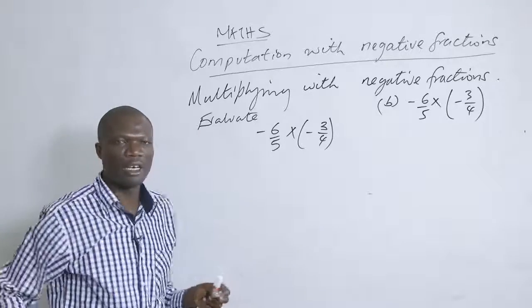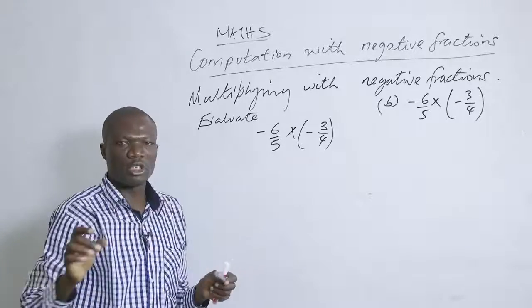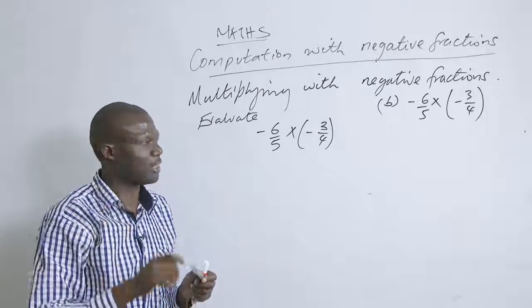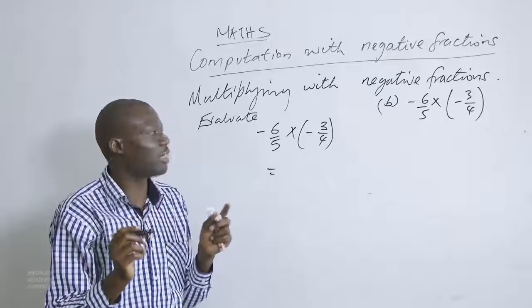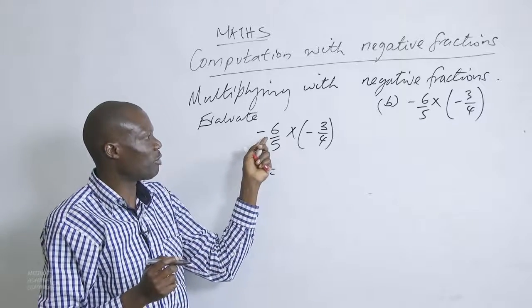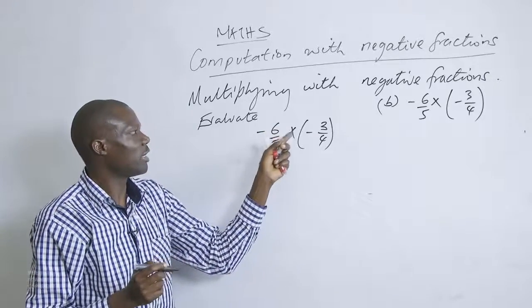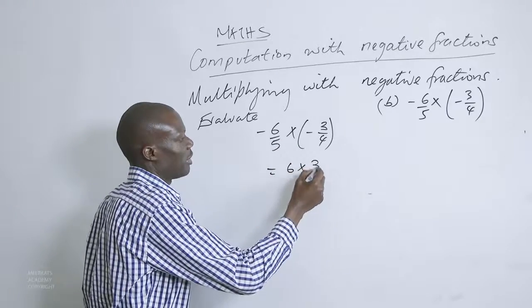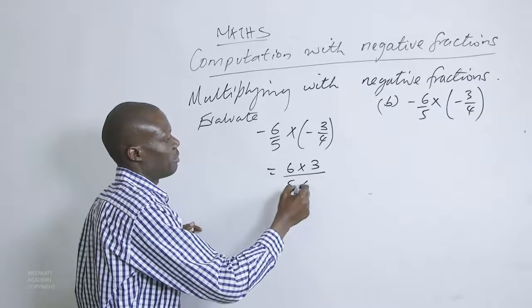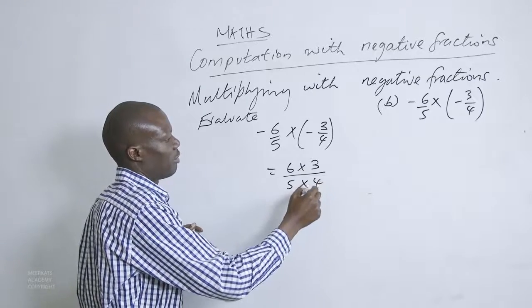In this case, both of the two fractions are negative. So we expect a positive answer, from the result of 6 multiplied by 3 over 5 multiplied by 4.